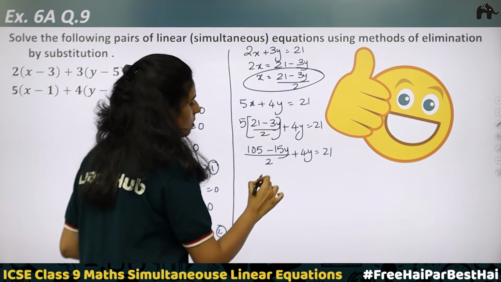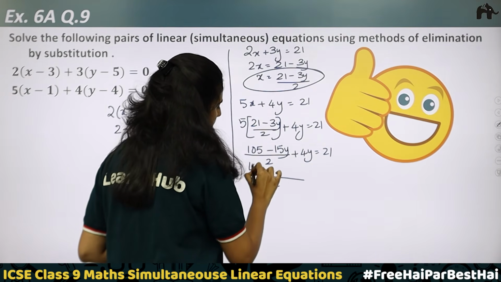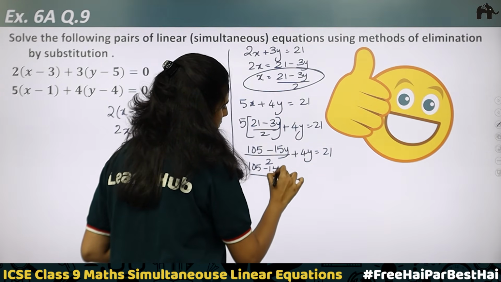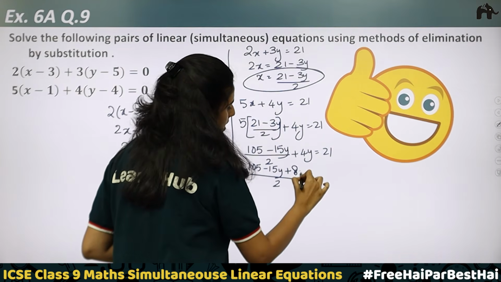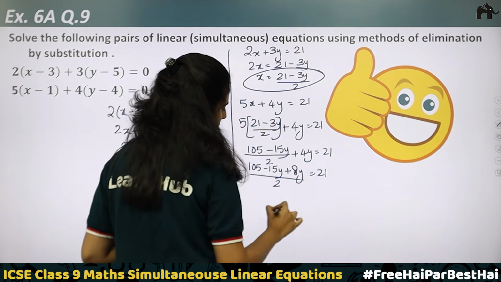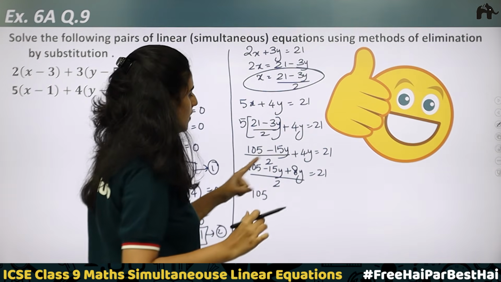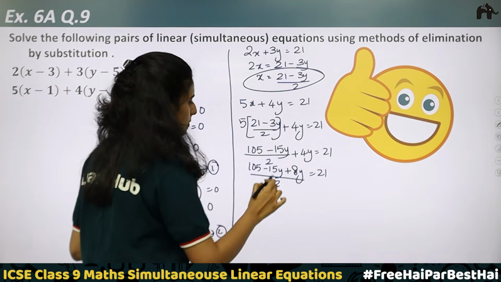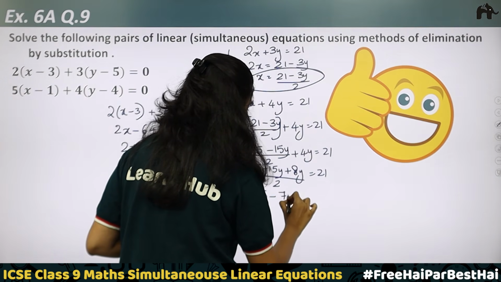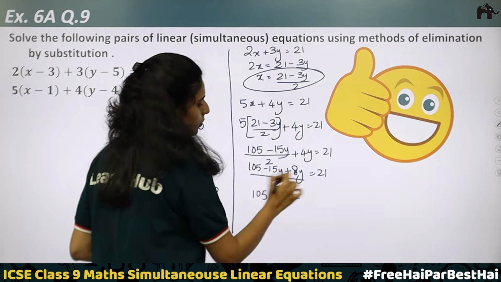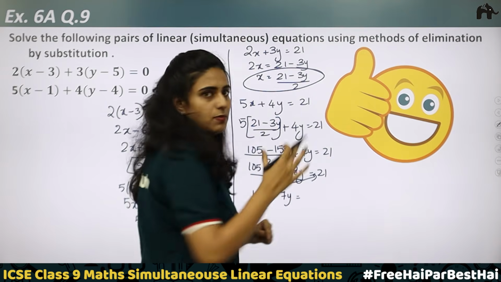Now taking LCM, denominator we get 2, numerator 105 minus 15y plus 2 into 4, 8y, is equal to 21. So 105 minus 15y plus 8y, you will be getting minus 7y is equal to 21 into 2. 2 taken to the opposite side, division becomes multiplication.